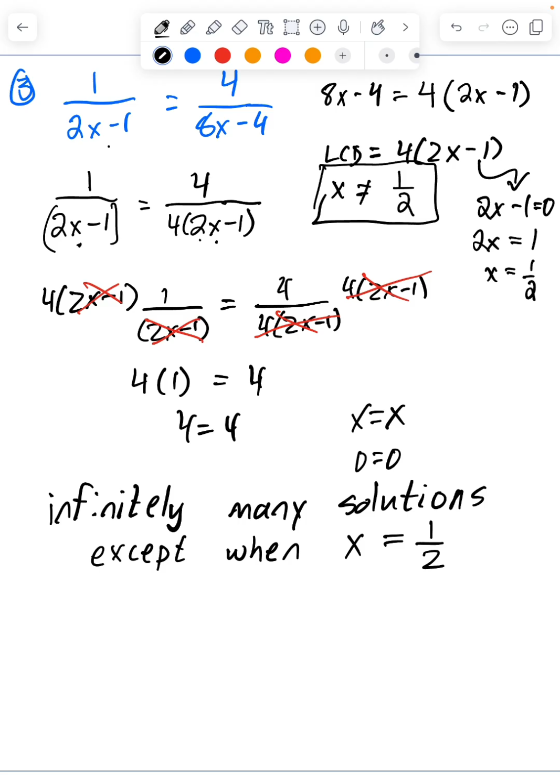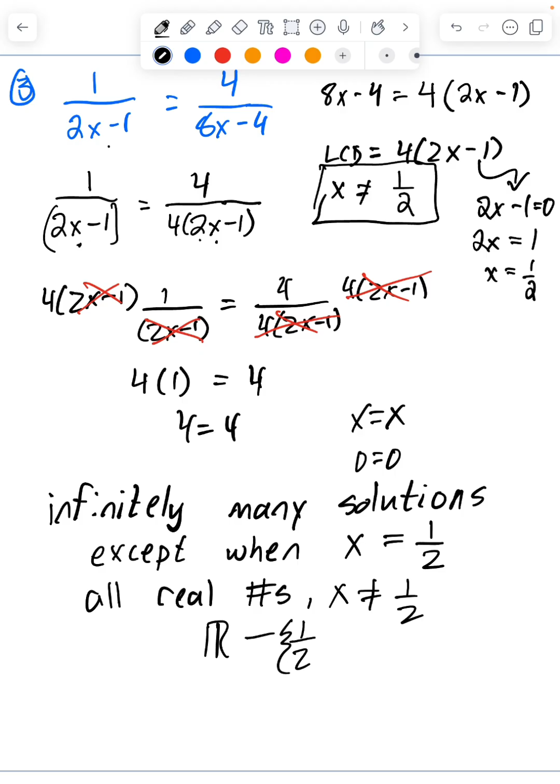A more proper, mathematical way you might see is: all real numbers, and x cannot be 1/2. Another way to show it is to write R, all real numbers, minus 1/2.